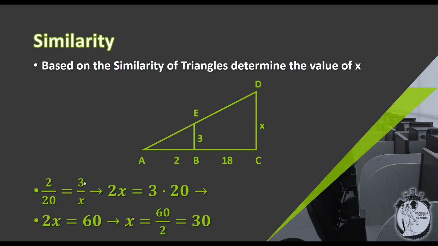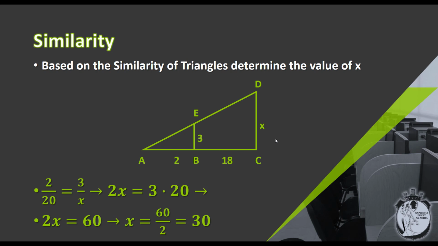So you can use the rule of 3. You can multiply 20 by 3 and divide by 2. If you do that operation, the value of that side is 30.